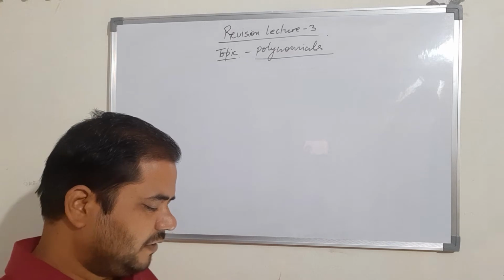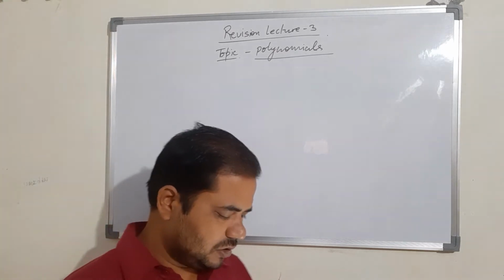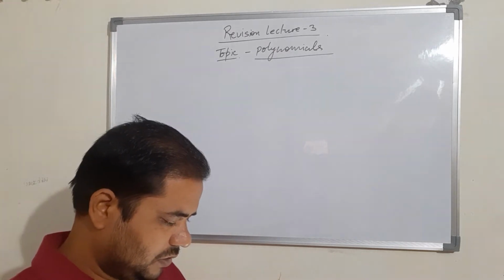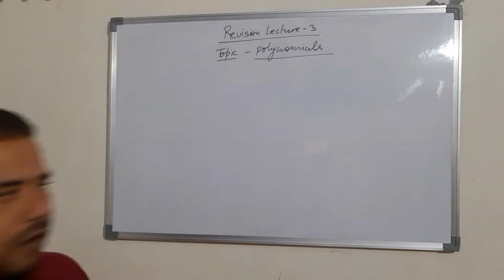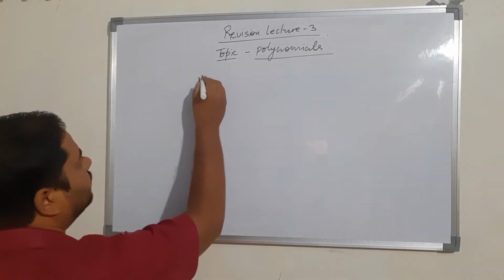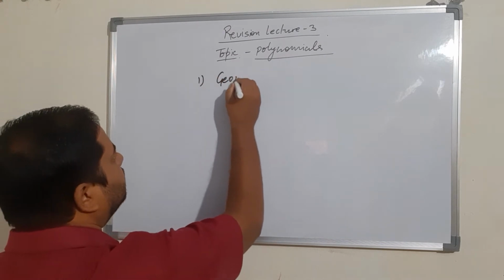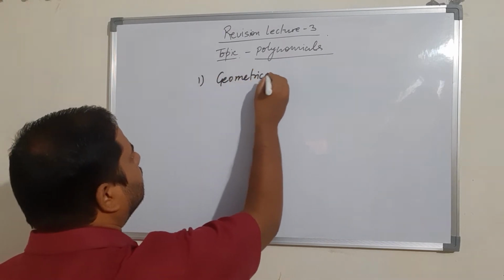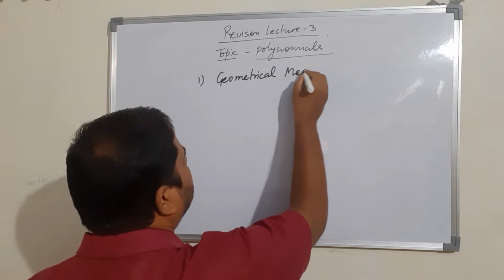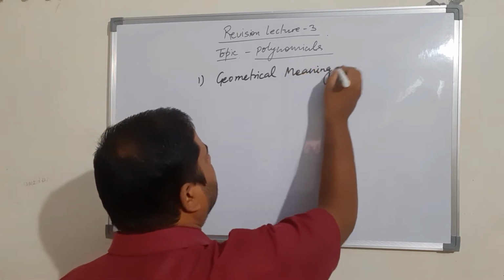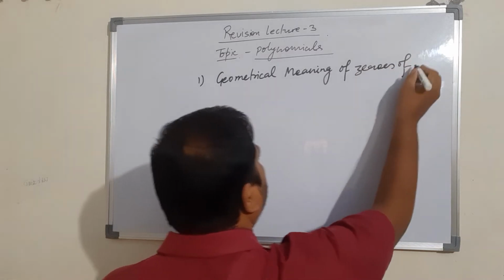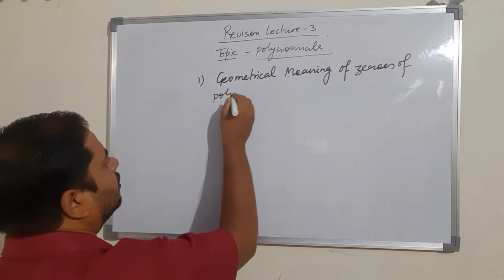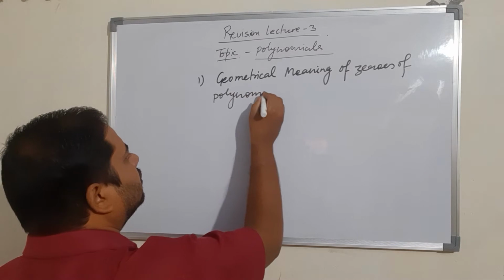So first thing is the geometrical meaning of zeros of a polynomial.